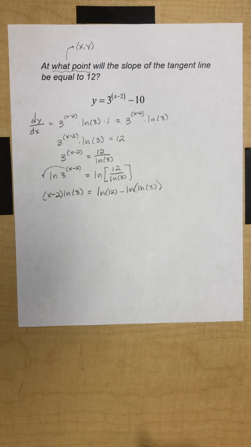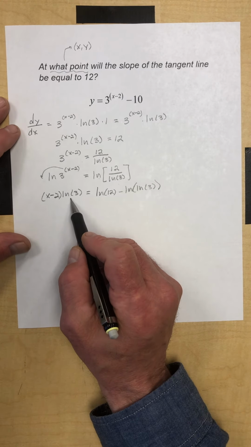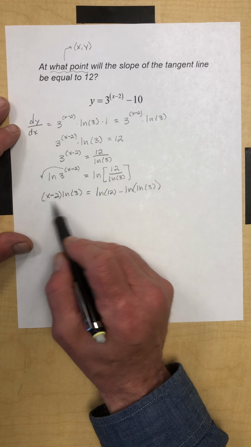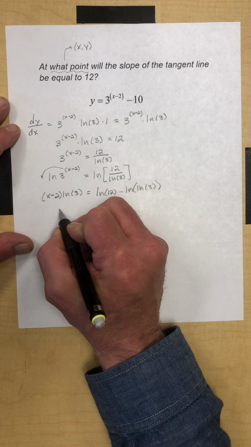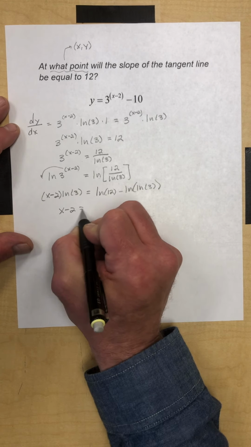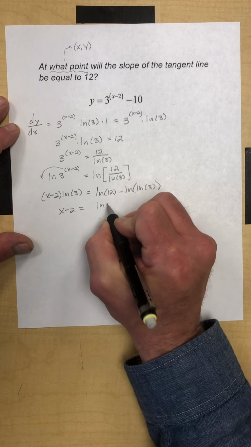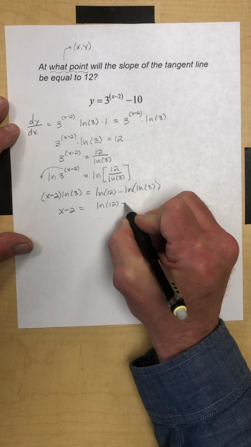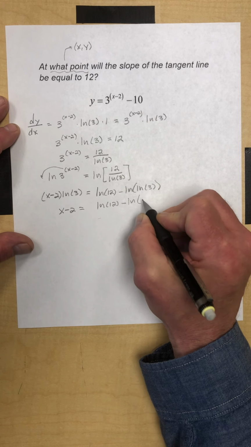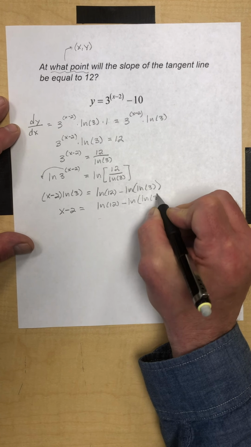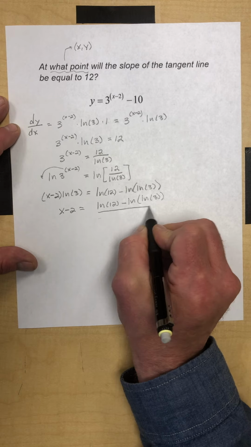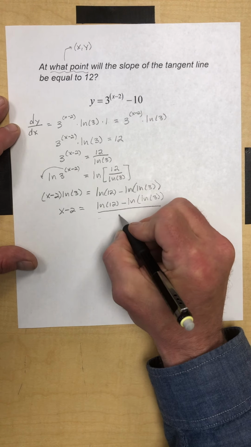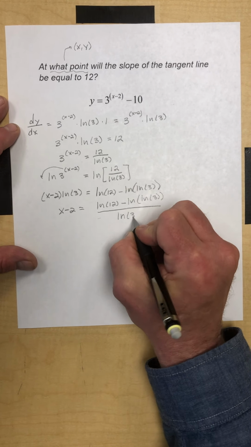Now we divide both sides by the natural log of 3 to get x minus 2 by itself. So x minus 2 equals the natural log of 12 minus the natural log of 3, all divided by the natural log of 3.